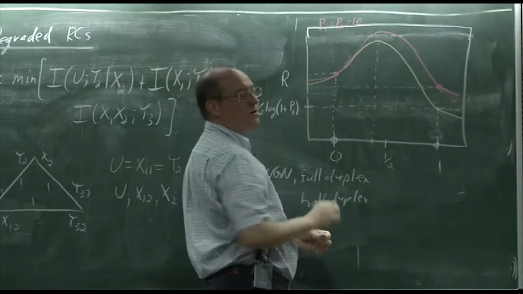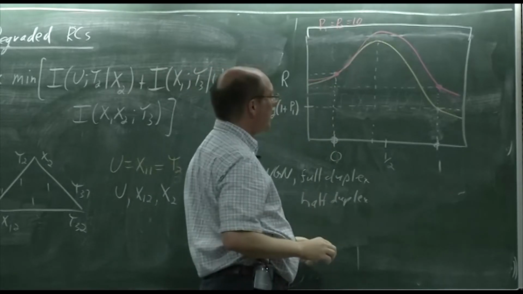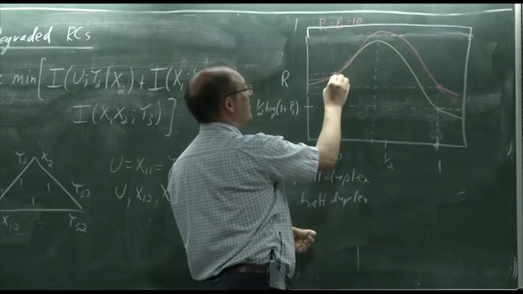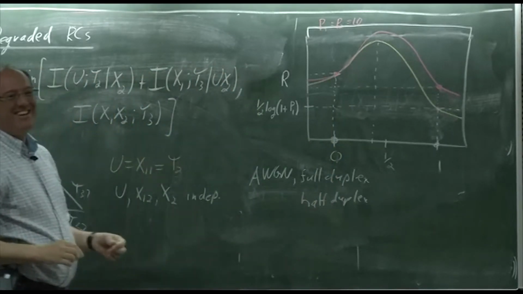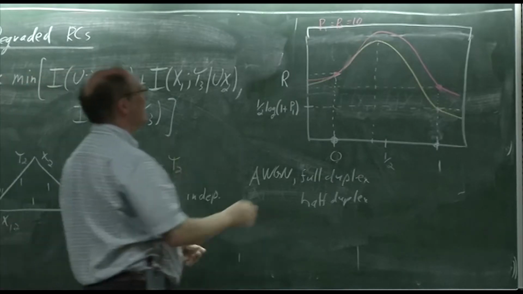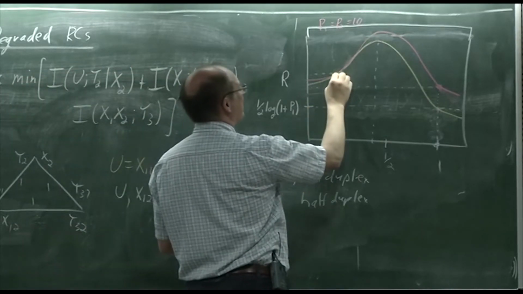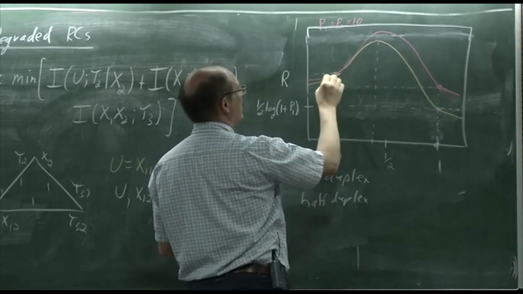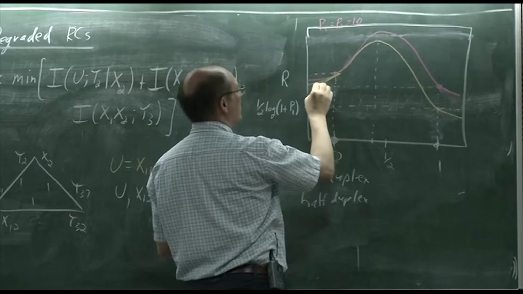The compress forward scheme turns out, remarkably enough, also to be optimal here. So we'll talk about that. It actually also gets to capacity here. I can't remember where it goes here, whether it goes above or below decode forward. I think it's still going to be below for a while.